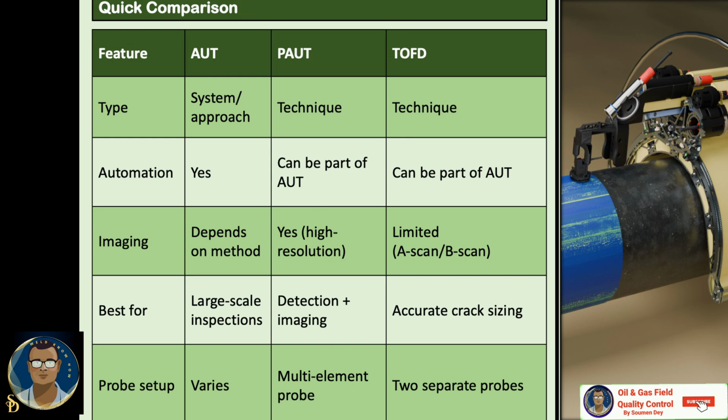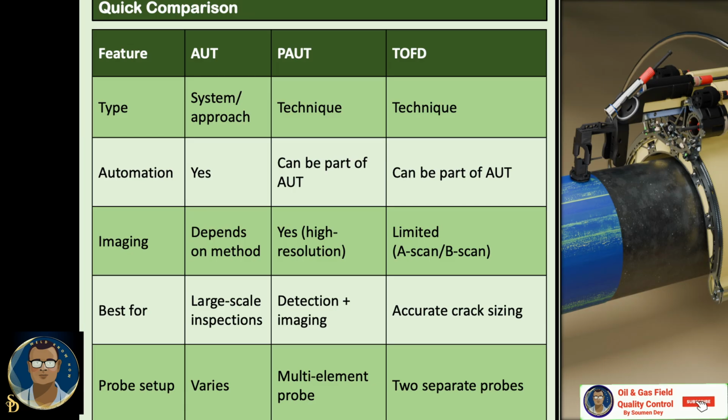PAUT has a high resolution image, and TOFD is limited, A scan and B scan. Auto UT is based for pipeline, large scale inspection, fast and efficient, and PAUT is detection plus imaging, and TOFD is accurate crack sizing, so it is the master of cracks.